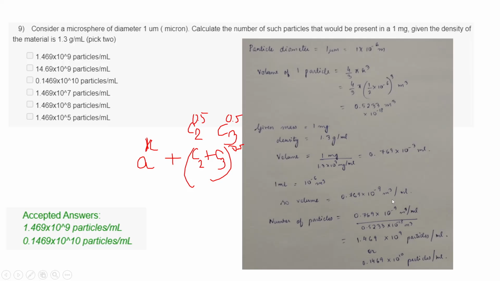Now we have to calculate how many particles are present in this 1 mg, in this particular volume. Since the volume of one particle is this, you simply divide the total volume from the given mass and density by the volume of one particle. You'll get an answer of 1.469 into 10 to the power 9 particles per ml, which can also be written as 0.1469 into 10 to the power 10 particles per ml.